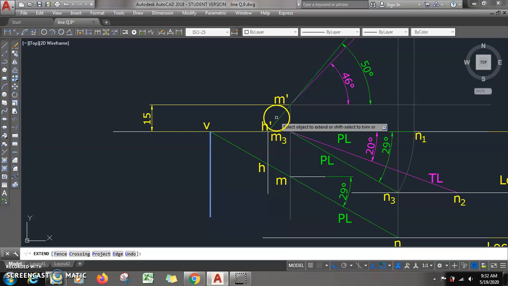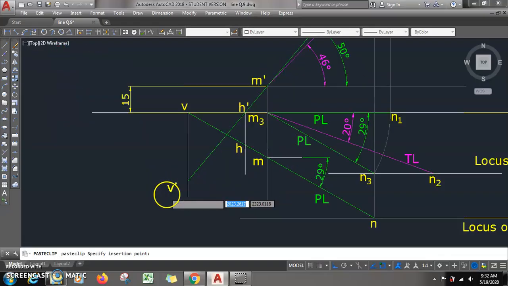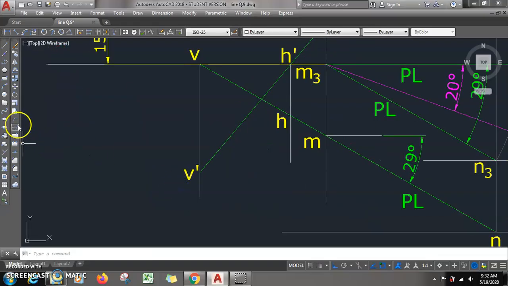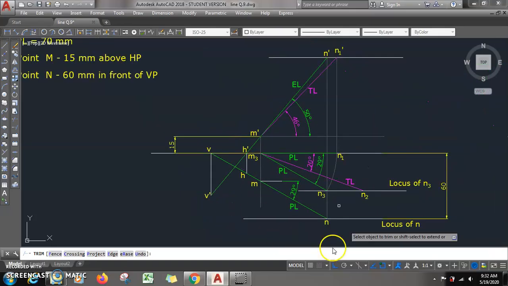Which one? This line. So on this line we are going to get V dash. So excess line I can trim like this. So in this way I will be getting HT and VT.